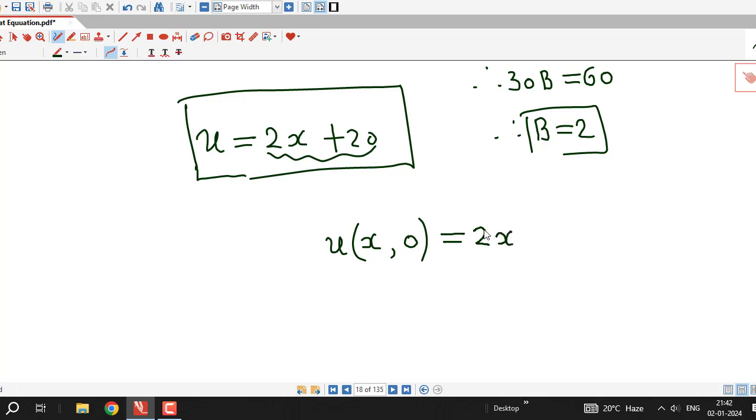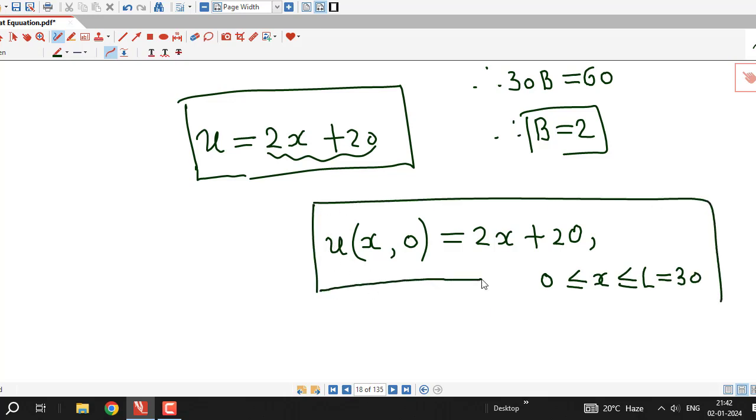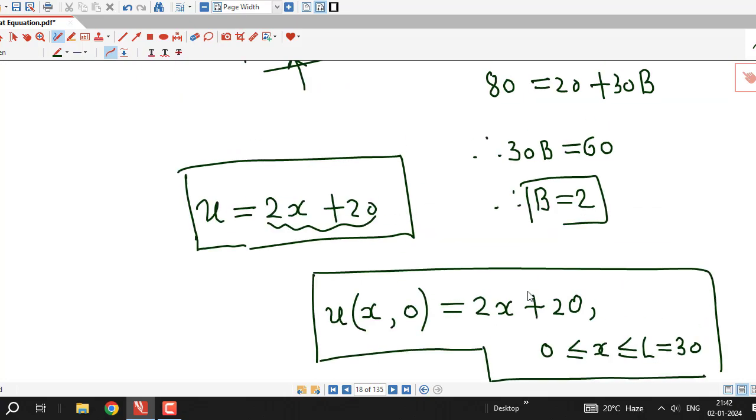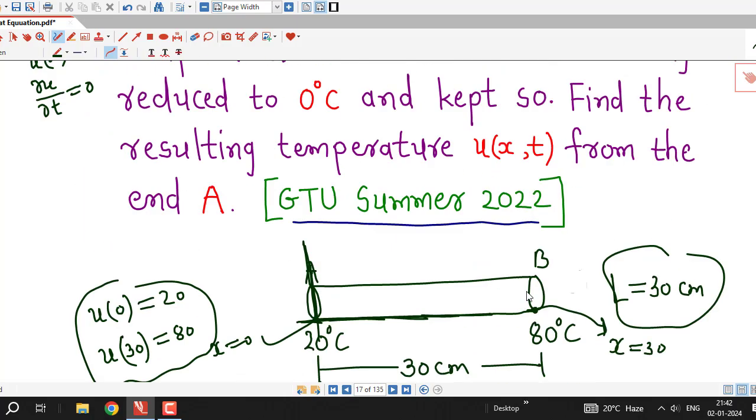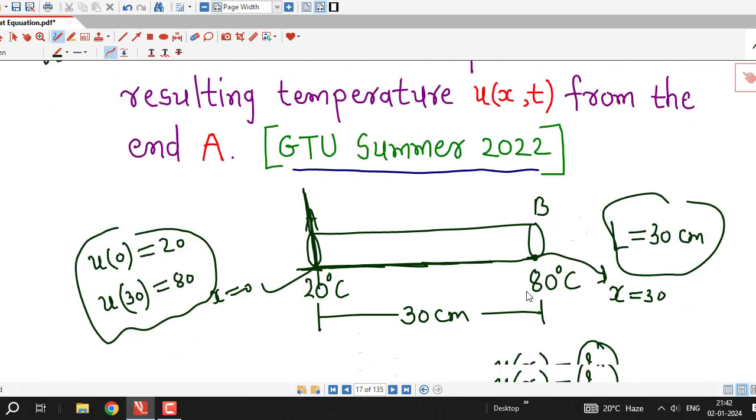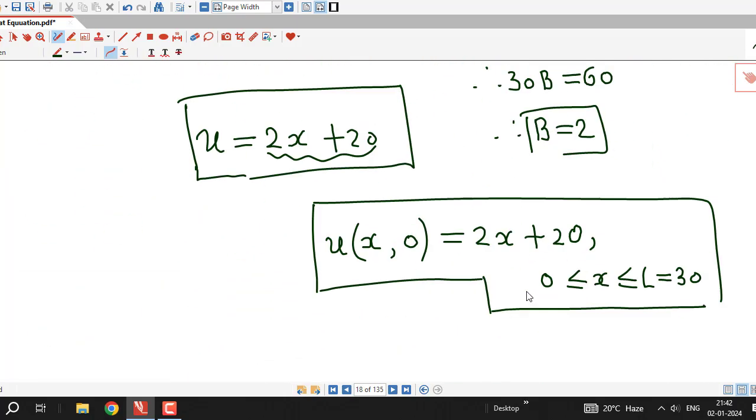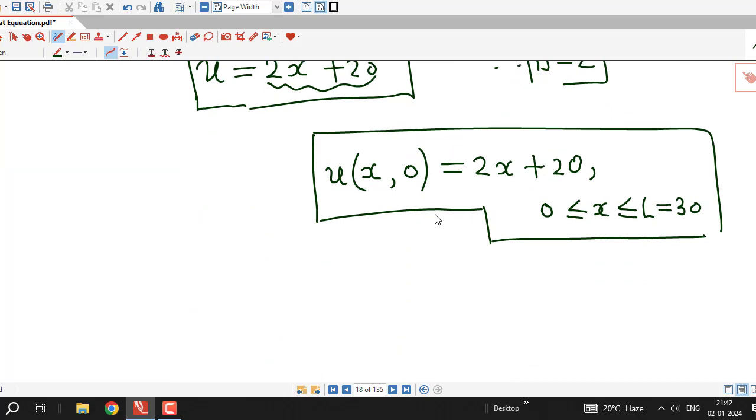We will consider u(x,0) equal to 2x plus 20 for every x between 0 and the length of the bar, which is 30. So using the information about the temperature at the endpoints until steady state conditions prevail, we can determine the initial condition, which we will use to find the solution of the heat equation during the unsteady state situation.